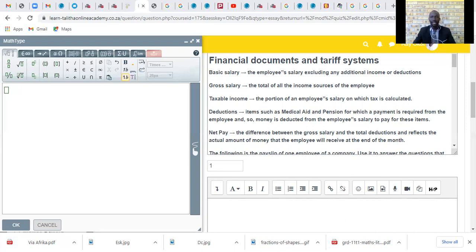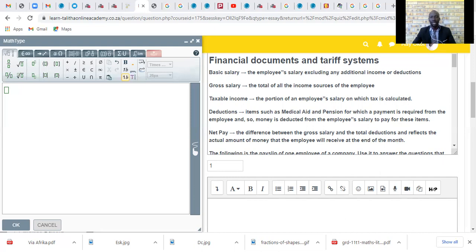These financial documents will range from personal documents to households, then to companies and so on. You will be expected to make sense of the terms used in the financial documents that we will be investigating.